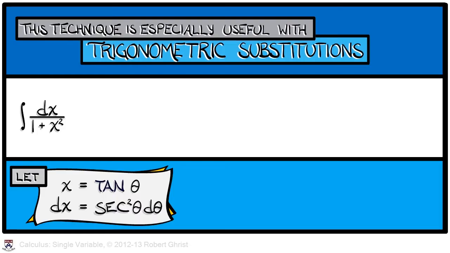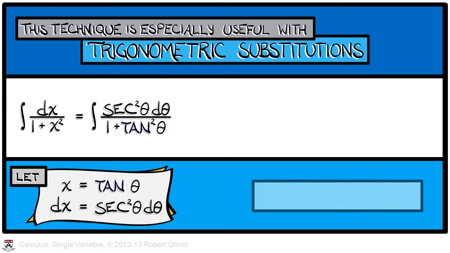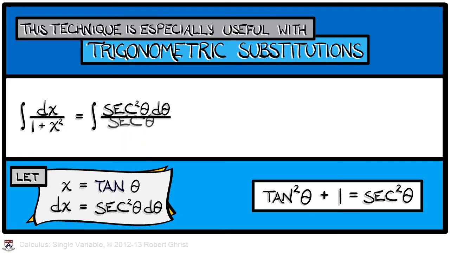Unlike what we do when we perform u substitution, here we directly substitute these in, and we get the integral of secant squared theta d theta over 1 plus tangent squared theta. Now, of course, recalling that tangent squared plus 1 is secant squared, we obtain a secant squared in both the numerator and the denominator.